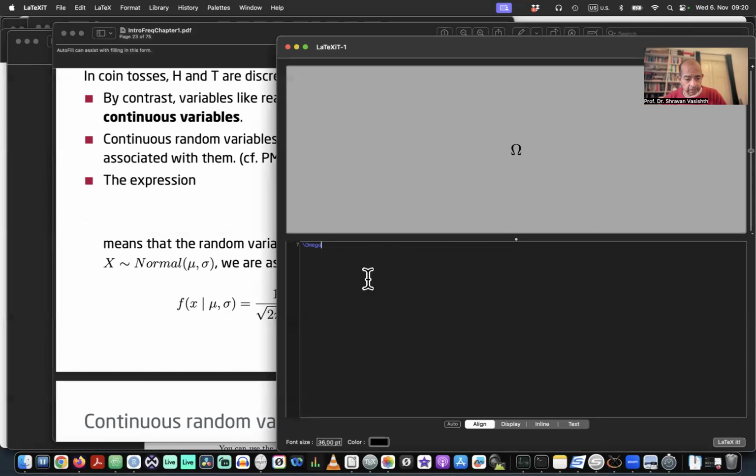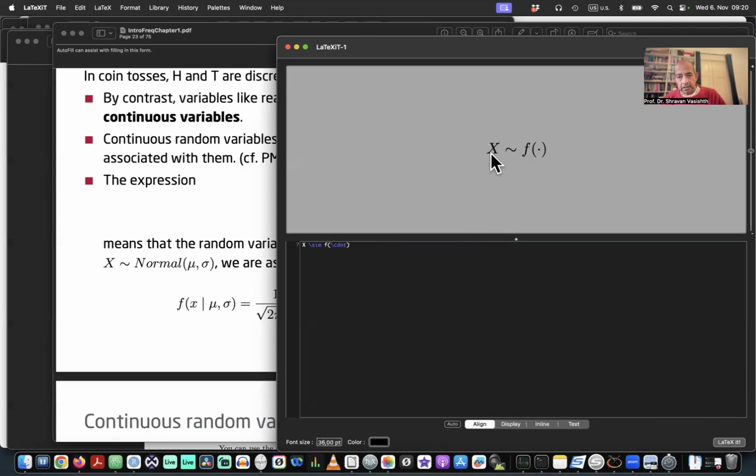So I could type x tilde f, right? So this should work, right? Oh, what have I done? I'm sorry about that. Oh, sorry, it's not tilde. It's called tilde, but it's written sim, right?